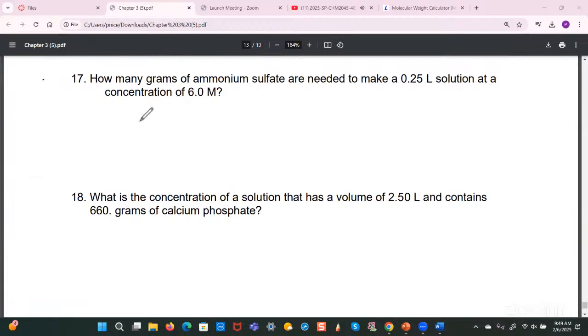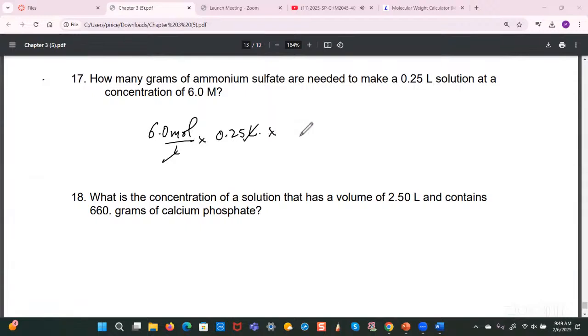Exactly, but you have to take another step. What you said is correct in terms of the initial step, so 6.0 moles per liter multiplied by the volume. Right? So this will go with that. But there's one other step that you need to take.